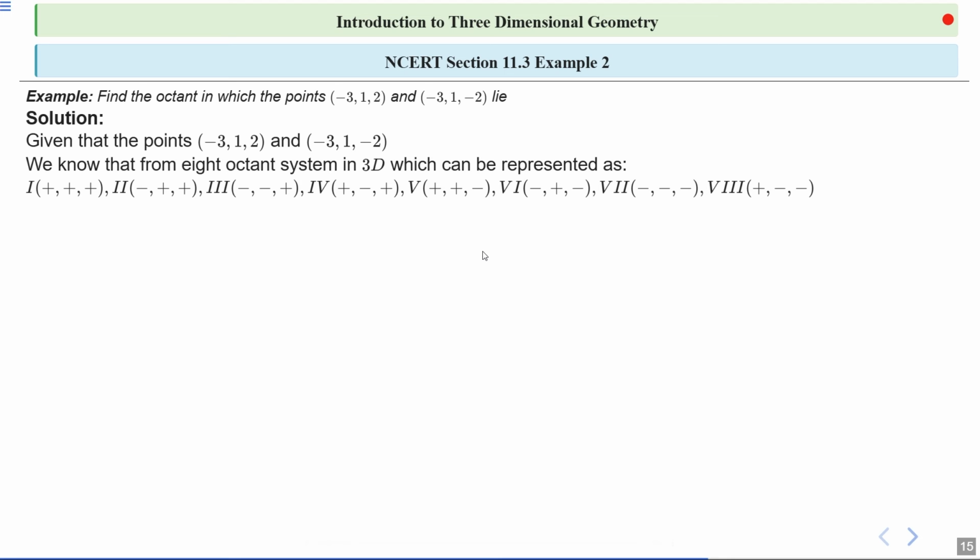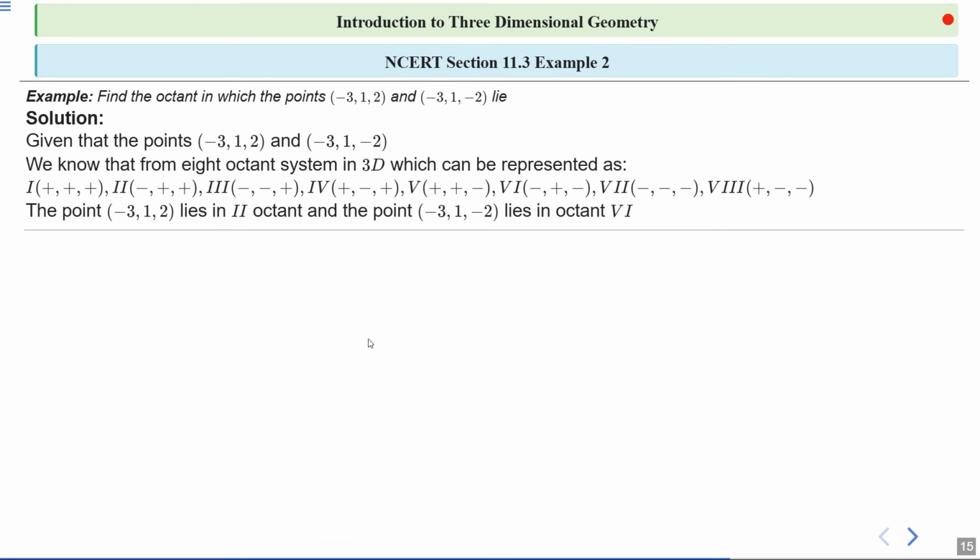So we know the 8 octant system in 3D, which can be represented as: first octant plus, plus, plus; second octant minus, plus, plus; third octant minus, minus, plus; fourth octant plus, minus, plus; fifth octant plus, plus, minus; sixth octant minus, plus, minus; seventh octant minus, minus, minus; eighth octant plus, minus, minus.